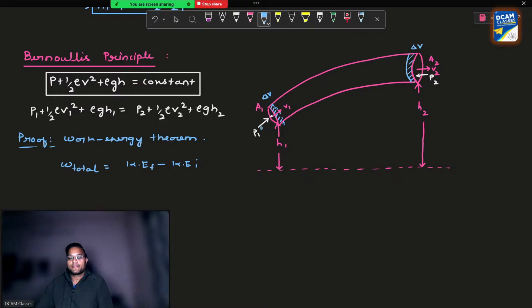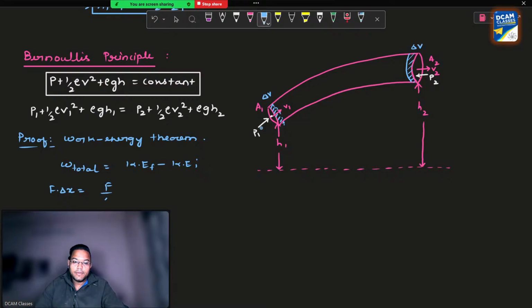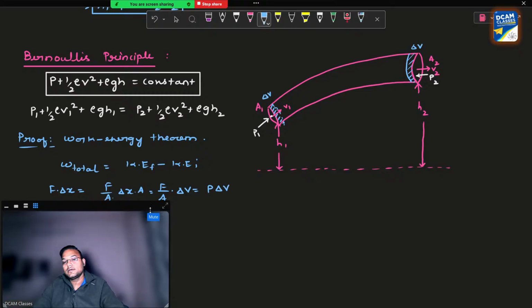So one work will be work done by the force, F dot delta x, which I can write as F by A into delta x into A. A delta x is delta V, volume. So I can write the work done as P delta V at every point.